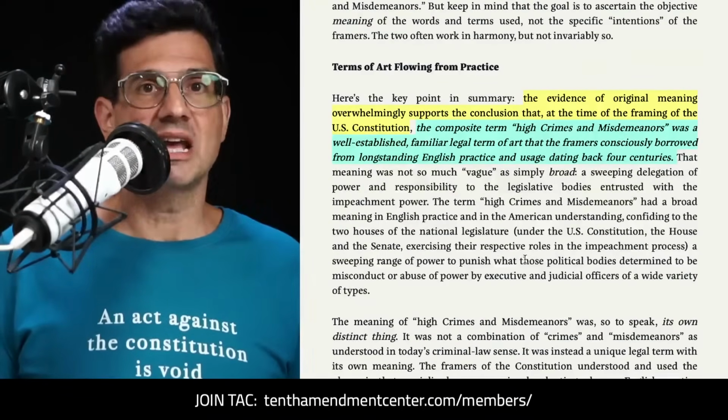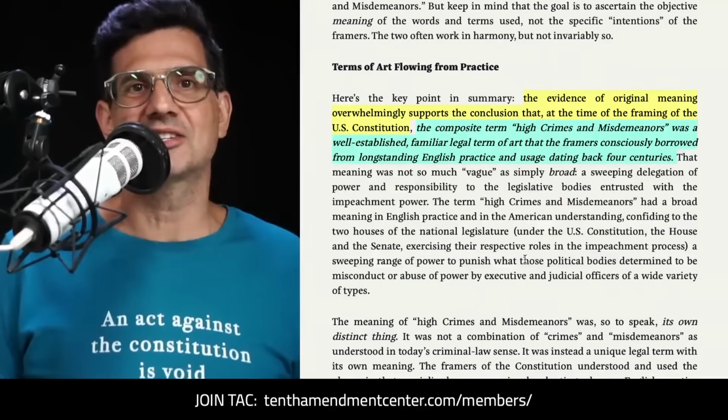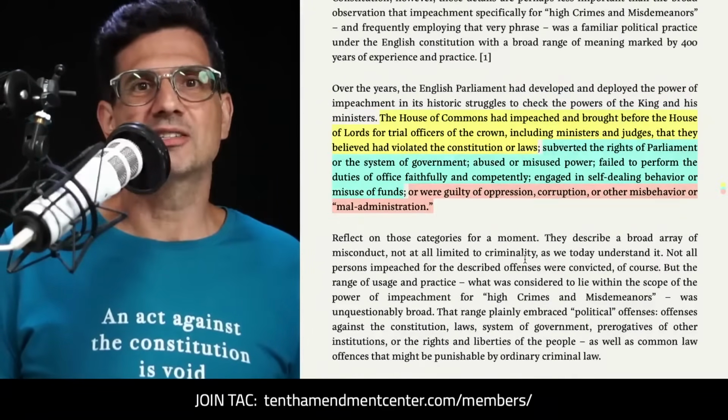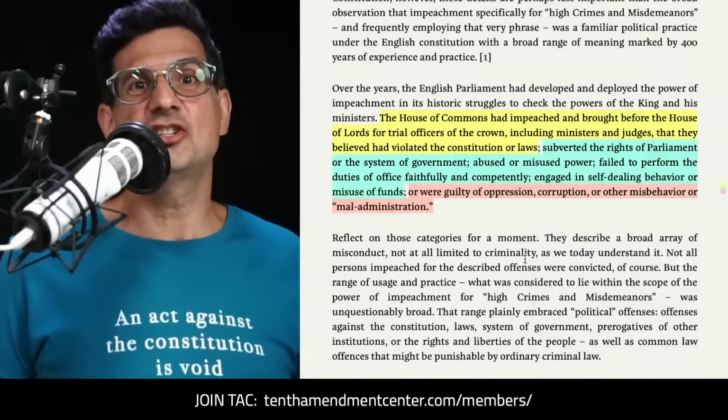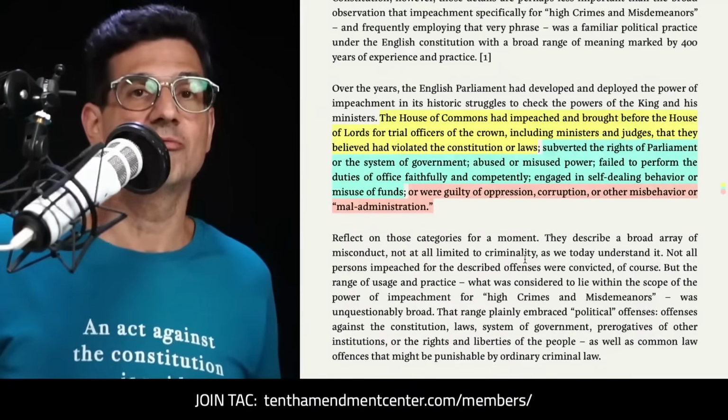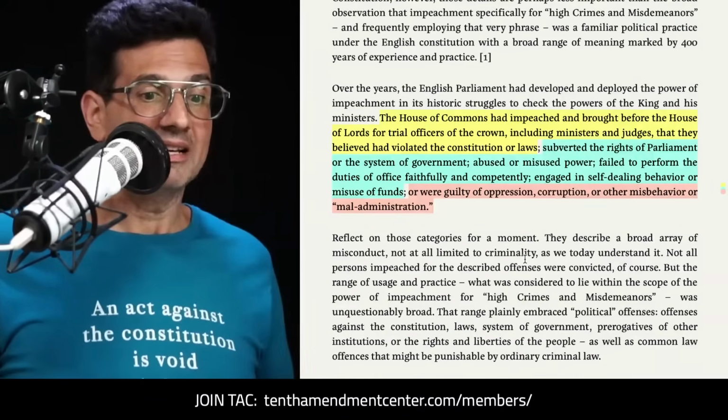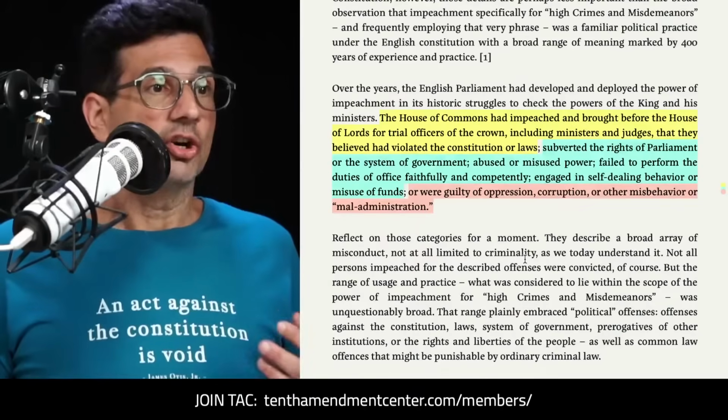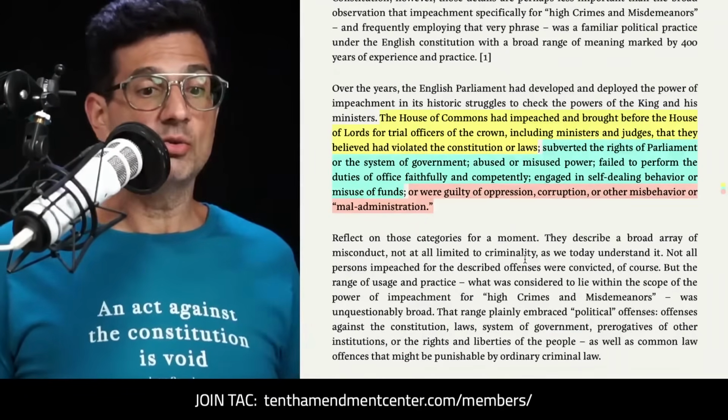This is old school stuff. When James Madison some years later talked about the Constitution and its ancient phraseology, that was his term for it. He wasn't messing around, because they were using terms that had been used for hundreds of years.